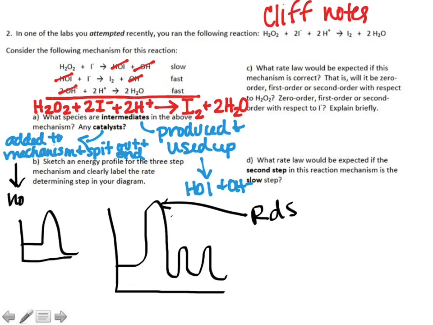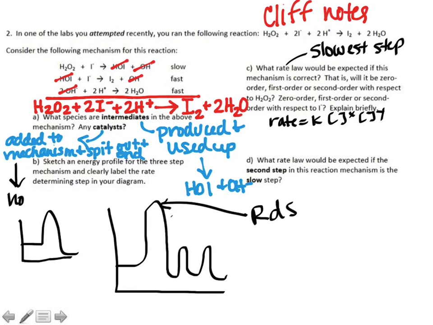All right, so the rate law is written by our slowest step. And remember, rate is equal to k times our reactant concentration to the power of its coefficient.